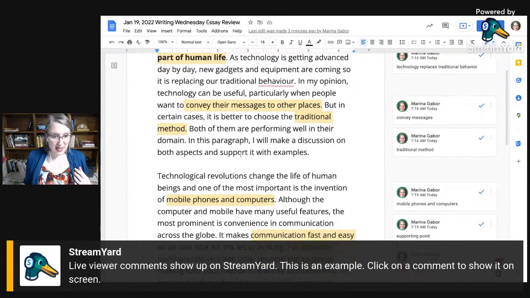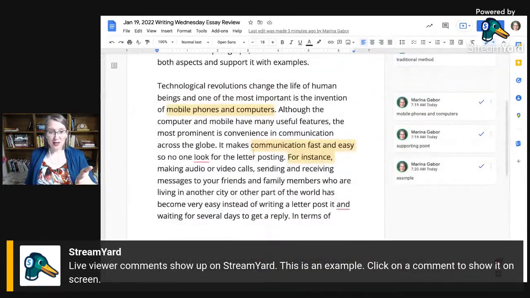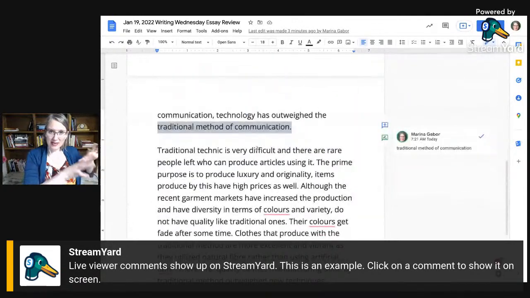I thought what would happen is you would talk about phones and computers, and then as far as traditional methods, letter writing, because you had talked about letter writing earlier. So I would remove this paragraph about the clothing manufacturing and instead talk about letter writing and more traditional forms of communication.